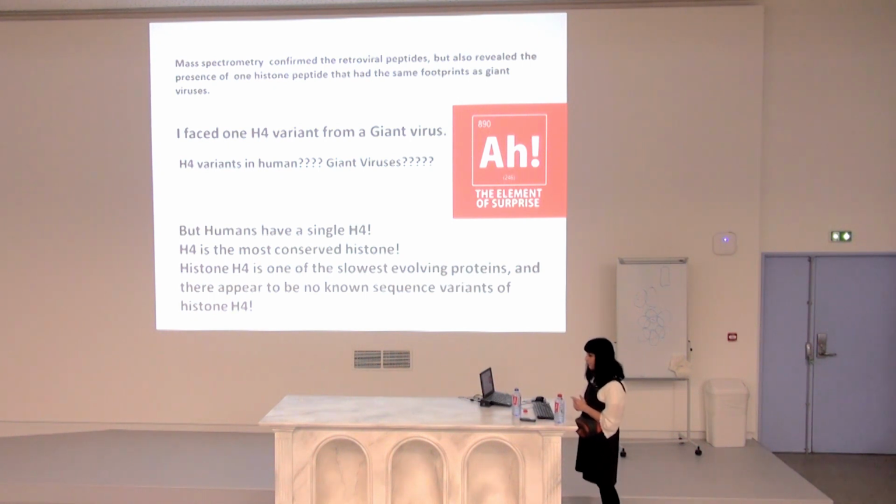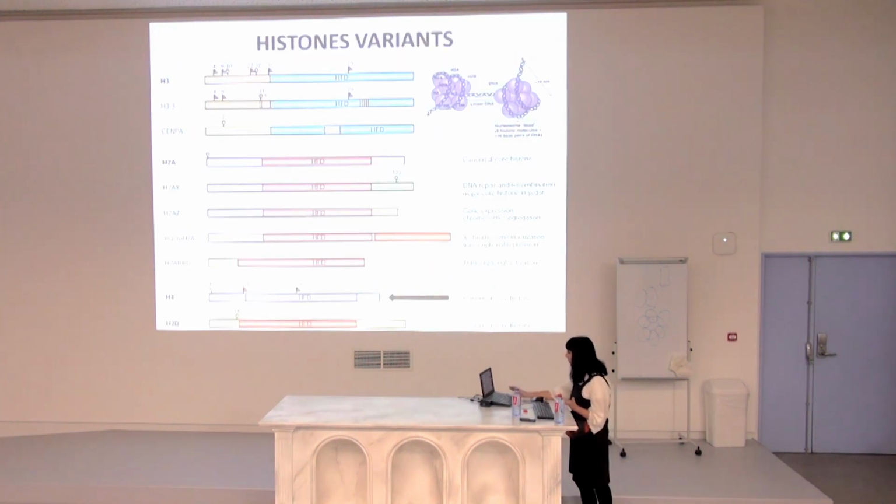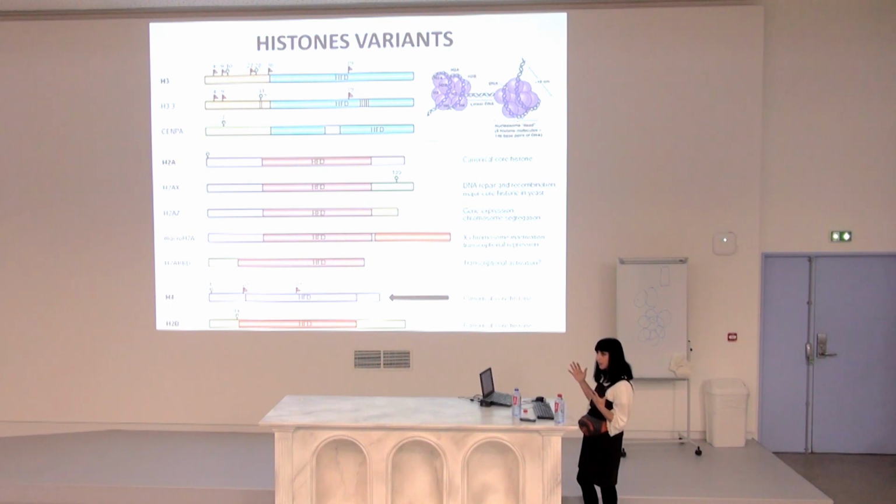And I knew that while we do have variants for the histone families, we do not have a variant of human histone 4. We only have one histone 4. It is very conserved. You can see here the histone variants for the other histone families, but not a variant for histone 4, except post-translational modifications.